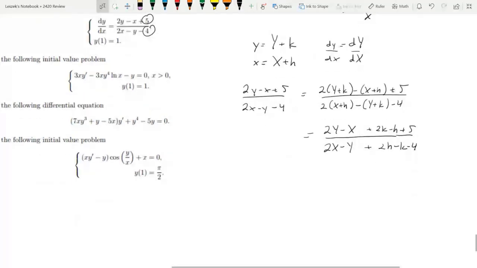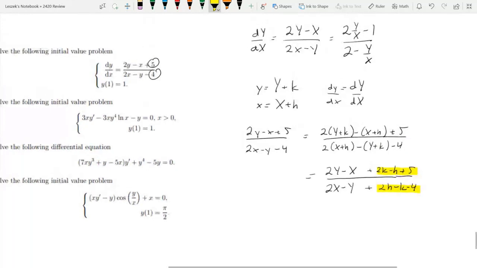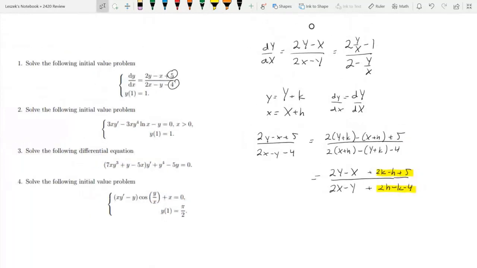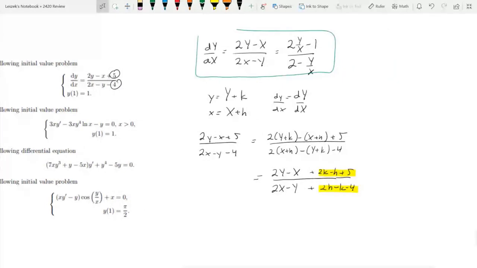Right, and now the idea is to choose h and k so these guys become 0, so that we get our homogeneous equation.